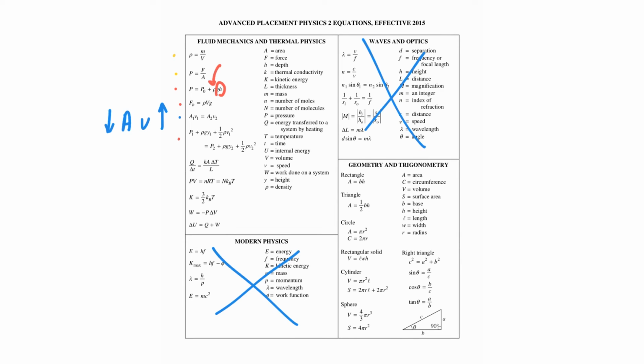The next equation that's listed here is Bernoulli's equation, which is essentially conservation of energy for fluids. It relates how much a fluid is being pushed on and how much the fluid has to push the fluid in front of it out of the way, to the height of the fluid and to the speed of the fluid.